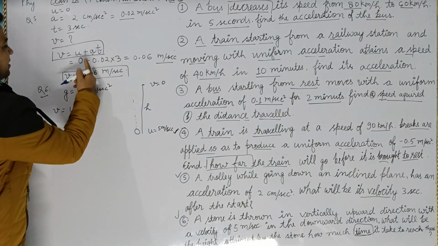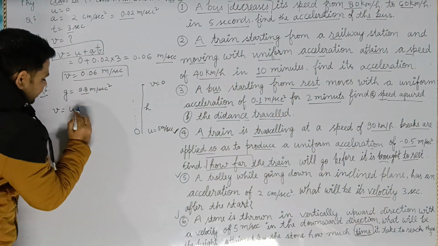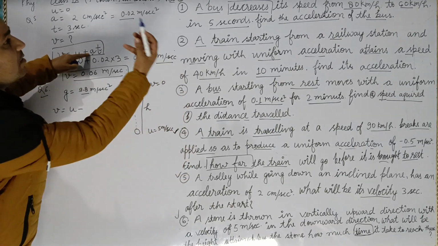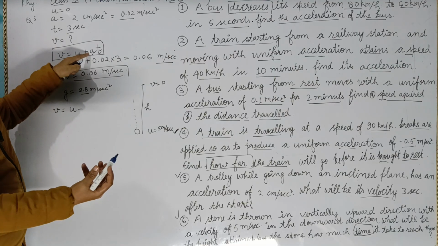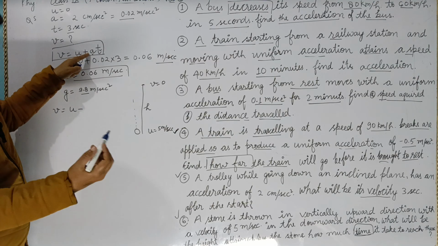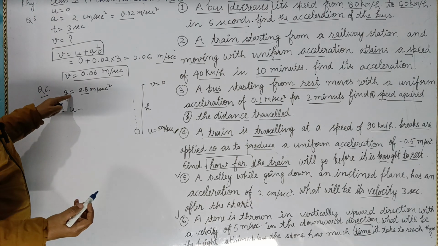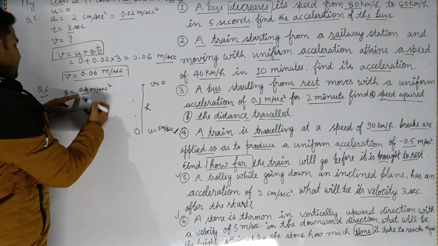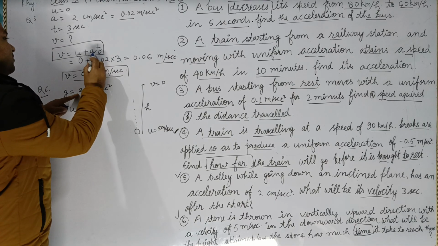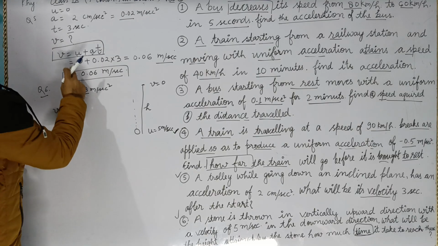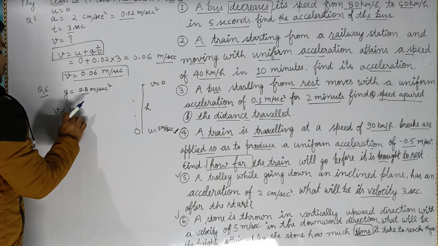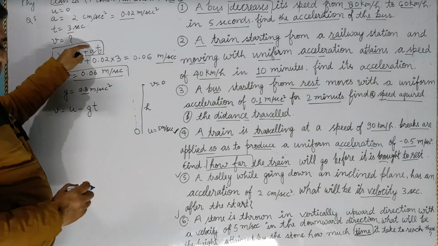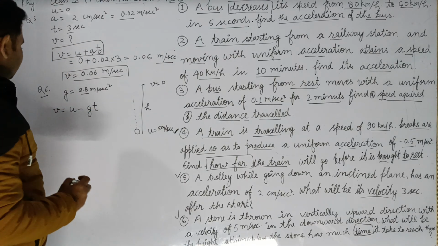We took the negative sign, minus, not plus, because the stone is going upward. In the upward direction, we take the gravitational acceleration as negative. So we use v equal to u minus gt.